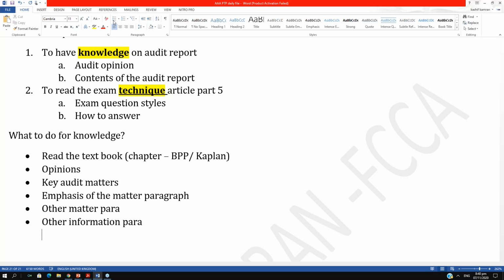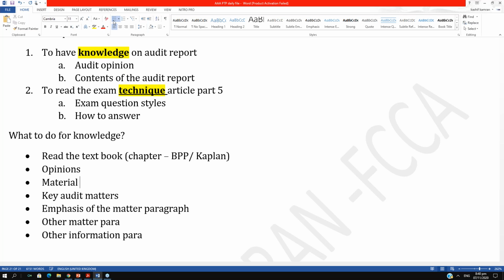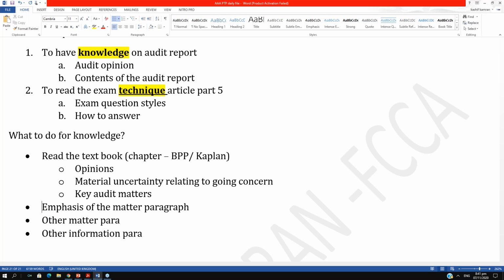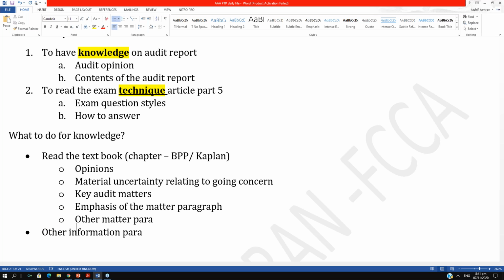You should be very good on these areas, and on material uncertainty relating to going concern. These are fundamental areas of the audit report, I hope you all agree. Opinions, material uncertainty relating to going concern, key audit matters, emphasis of matter paragraphs, other matter paragraphs, and other information paragraphs.